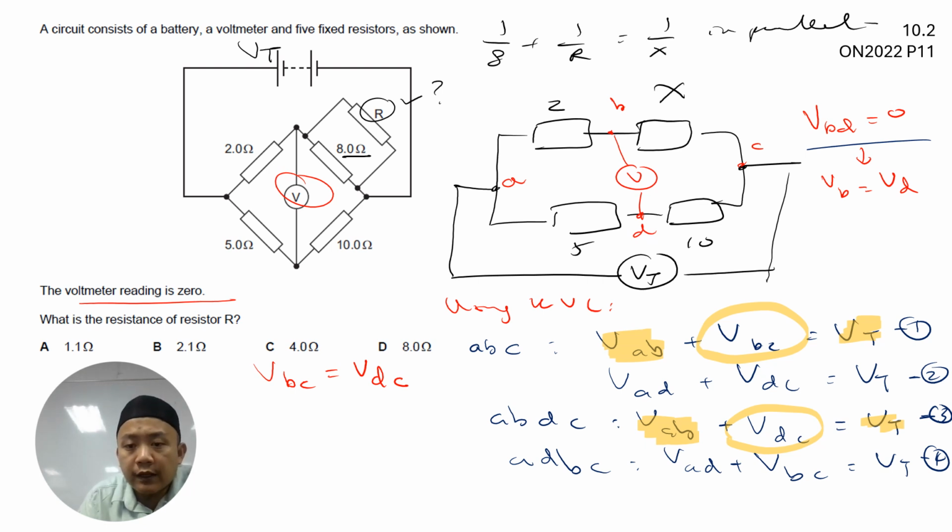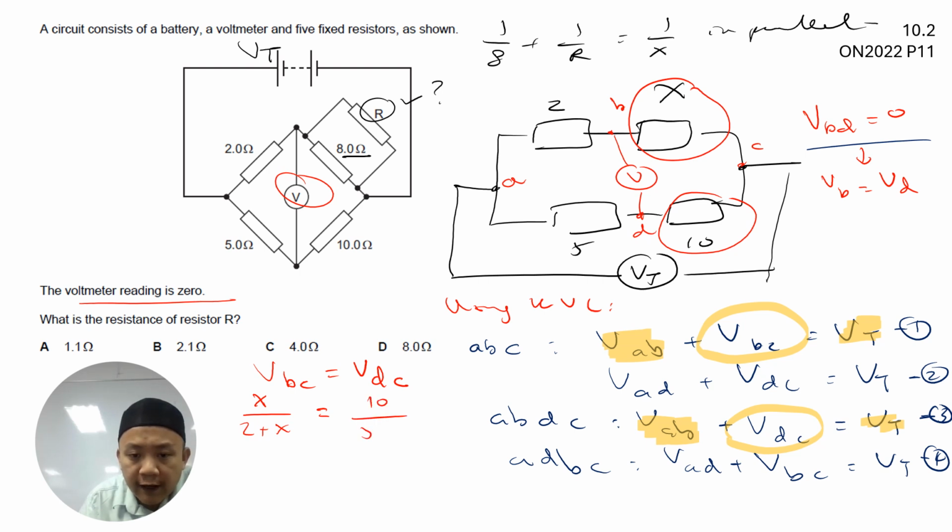So how do you find the potential difference across the X resistor as well as the 10 ohm resistor? You just have to use the potential divider circuit formula, where it is X over 2 plus X, the resistance of this particular resistor over the total resistance of all of the resistors in series, multiplied by the total V. In this case, we just omit it because it cancels out, and then VDC will be equal to 10 over 5 plus 10.